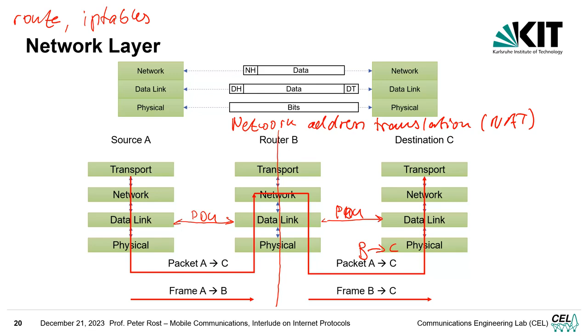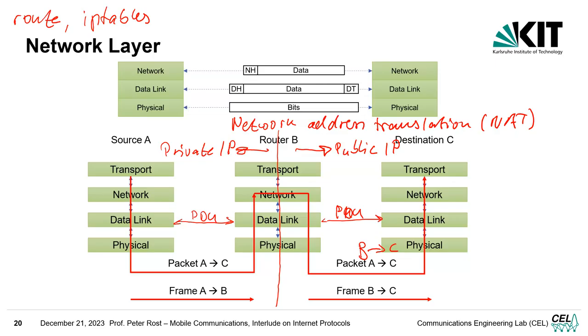This has the advantage that in this direction you have one public IP address that is known, for instance, to the internet, while in your subnetwork you have private IP addresses. And then you can reuse these private IP addresses for each subnetwork that you define. That's the advantage. The disadvantage, whether it's a disadvantage, is that the actual IP address of the source is now hidden from the destination.